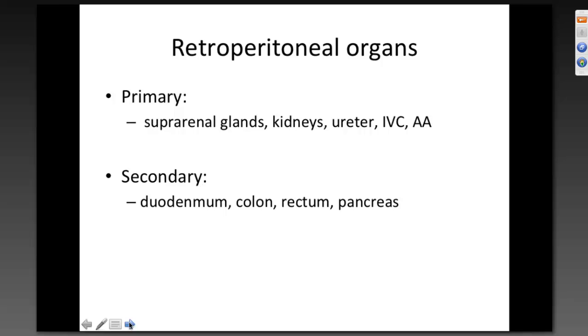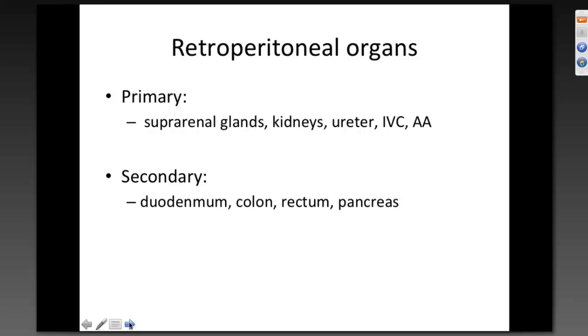you find this same language with HEPA filters, guys. When you go to Target or wherever you shop, you're going to see HEPA filters and true HEPA filters. There's retroperitoneal and true retroperitoneal organs. I think it's a lot more clear to just say primary and secondary.